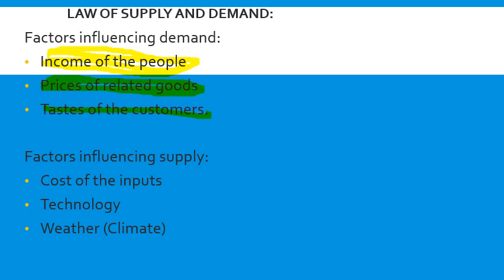Factors influencing supply: cost of the inputs, technology has changed all of a sudden. The raw materials cost has changed all of a sudden. I do not want to spend more on the raw materials and compromise with my profit.